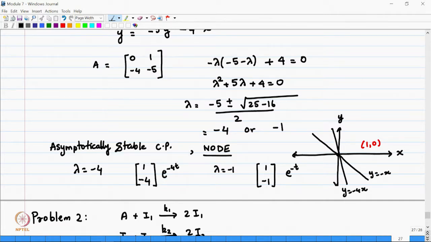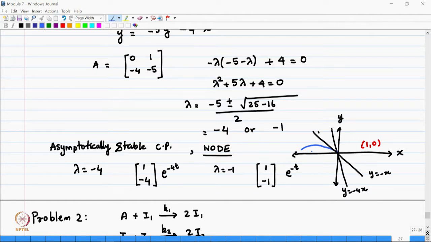So clearly it is the y equal to minus x that is going to dominate the behavior at long times. So what the solutions will look like: suppose you start from somewhere, then eventually you will go to 0 asymptotically along y equal to minus x.